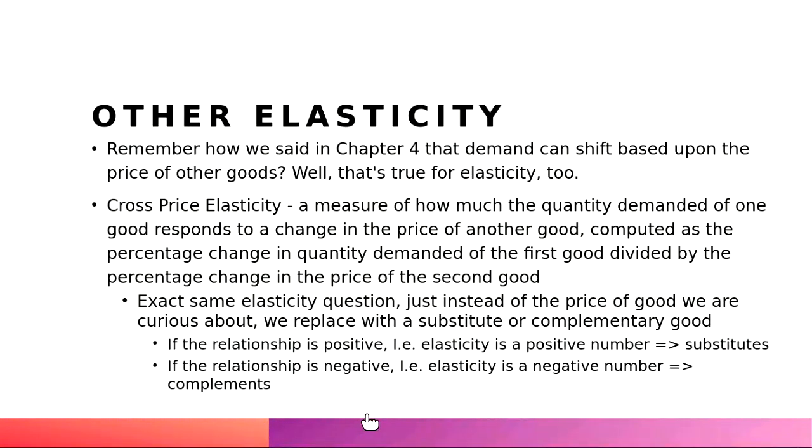Better example might be movie popcorn. So let's think about the quantity demanded of Coca-Cola at movie theaters and the price of popcorn at movie theaters, right? Because you don't really do one or the other, you do both. If the price of popcorn goes up, right, the quantity demanded for Coca-Cola at movie theaters goes down. So complements.